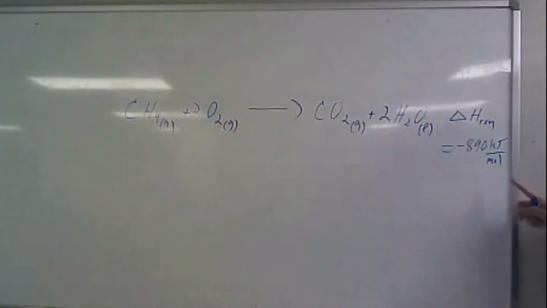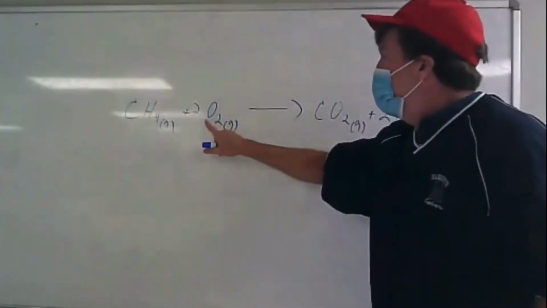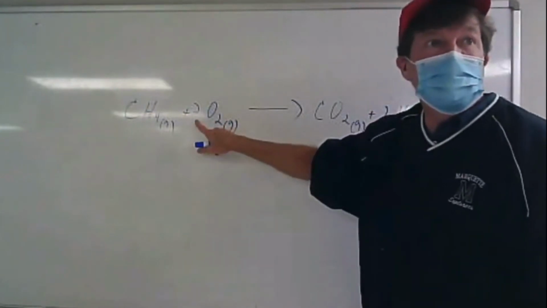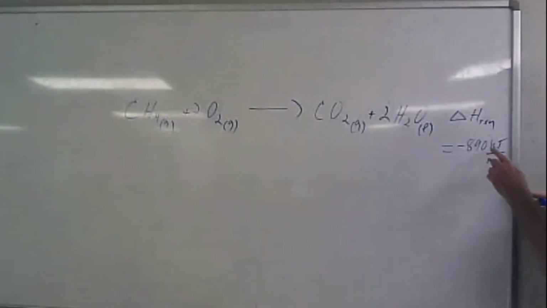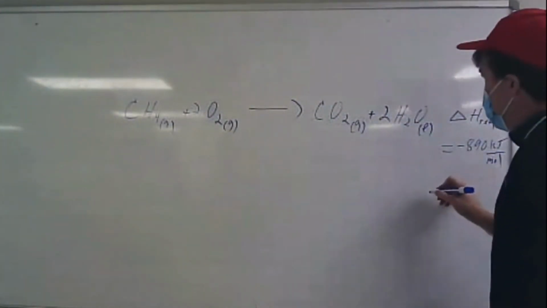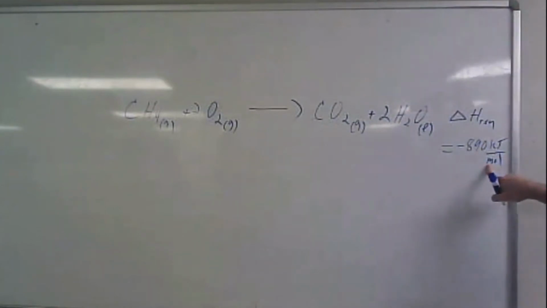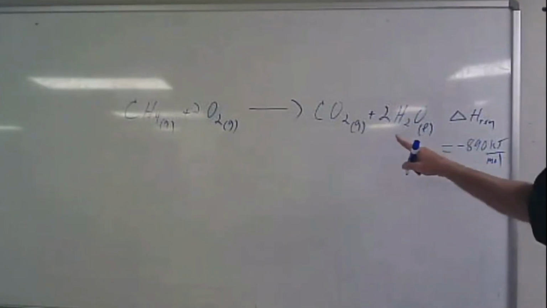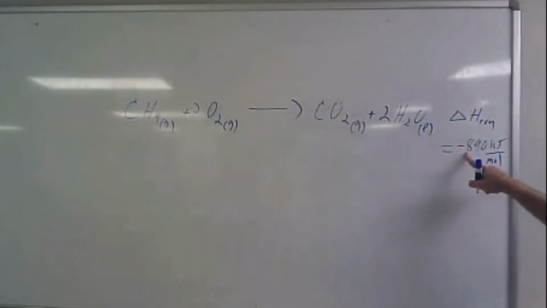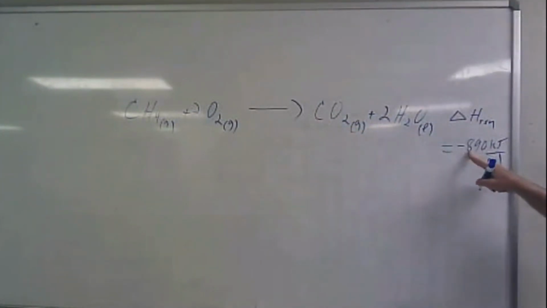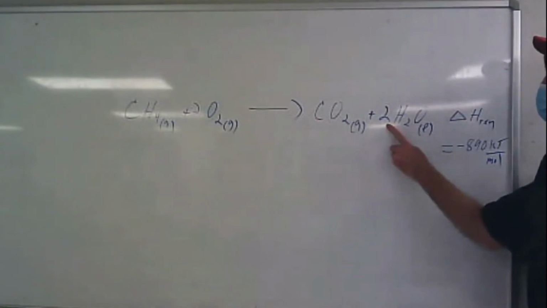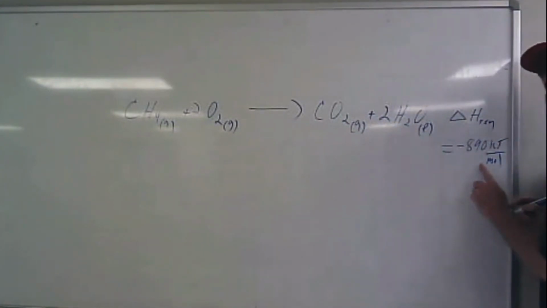But what if we were talking about a different stoichiometric coefficient? If this is consumed, it's going to be negative 890 per 2 moles of O2. That's important, obviously. What about this? That much heat's released per 1 mole of CO2 produced. That much heat's released per 2 moles of liquid water produced. Okay?